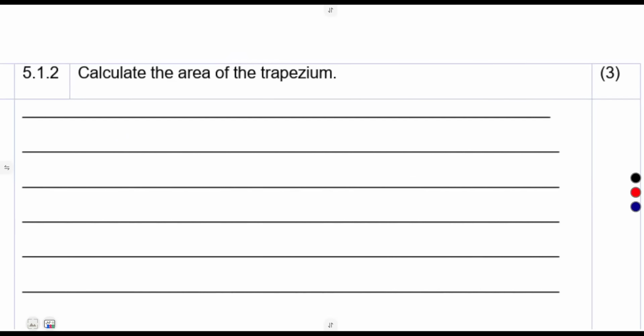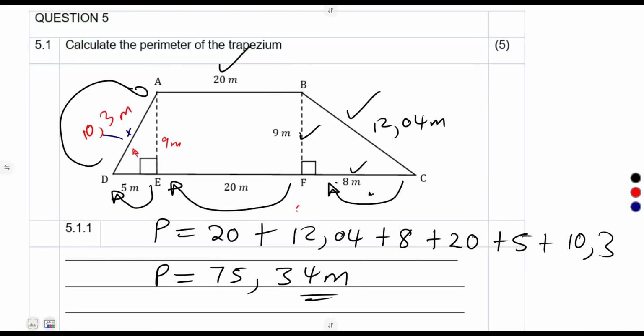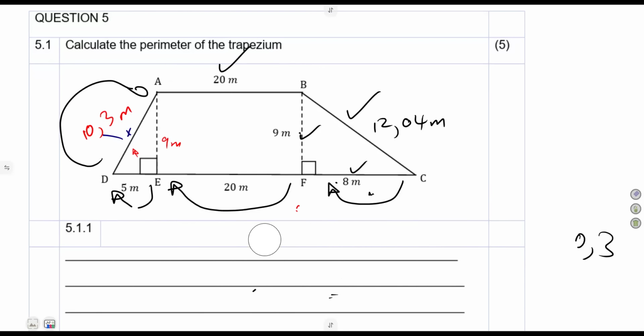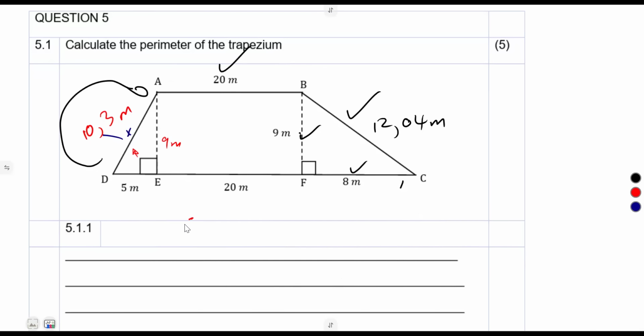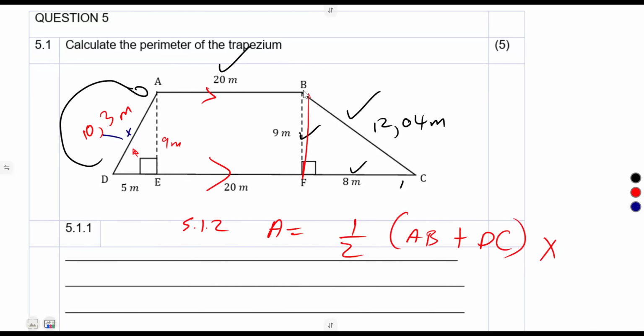Then the area of a trapezium. We understand the area of the trapezium as the half sum of parallel sides, the sides which are parallel, AB plus DC, times the perpendicular height.